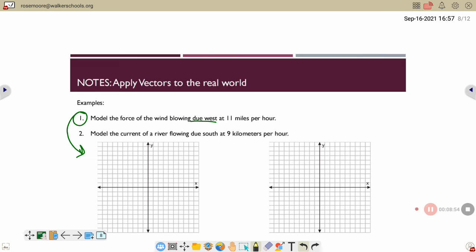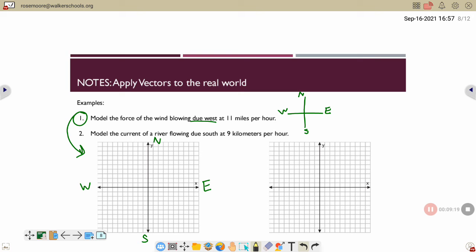Due west. Could I imagine that my coordinate plane is really the cardinal directions, where north is at the top, south is at the bottom, west is on the left, and east is on the right? Yes, not only can I do that, I should. So in reality, this is north, this is south, this is west, and this is east.